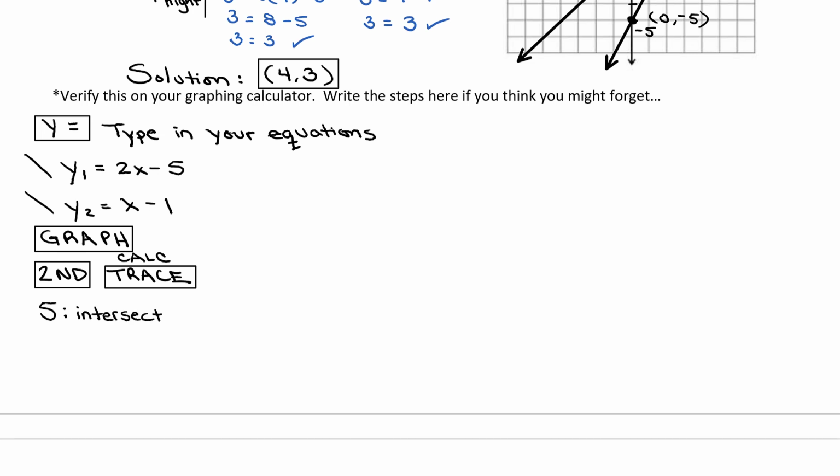Once you hit that, you're taken to another screen, and you want to choose number 5, intersect.